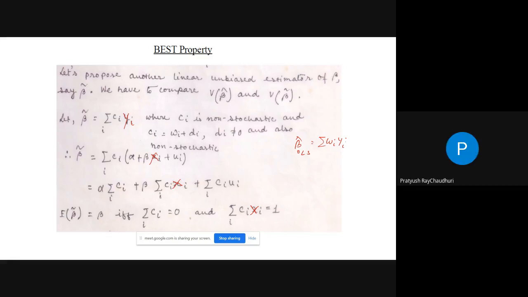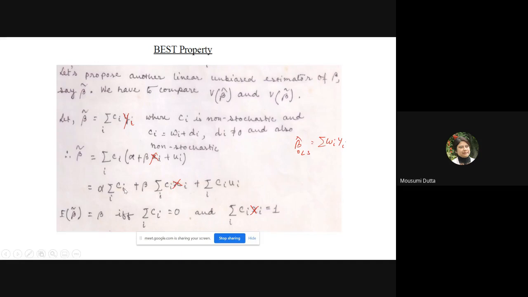বুঝতে পারছি। Okay. So expectation of beta tilde is equal to beta. This is a precondition to consider beta tilde to check the variances, etc. Now, expectation of beta tilde is equal to beta if in this equation summation CI is equal to 0 and summation CI XI is equal to 1.